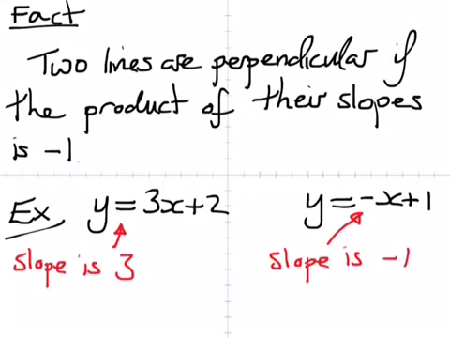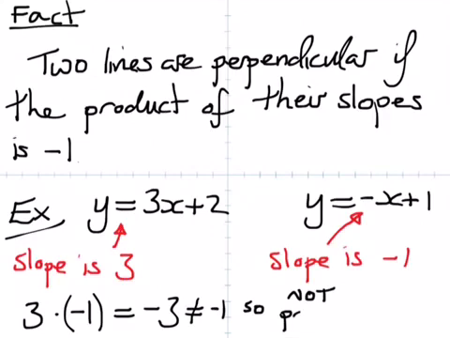Because y equals mx plus b, so b here is 1, which would mean m has to be -1, right? So that works out. Now what happens when we multiply those two things together? When we multiply the slope of the first line by the slope of the second line, we get -3, which is not equal to -1. So that means that these two lines are not perpendicular.